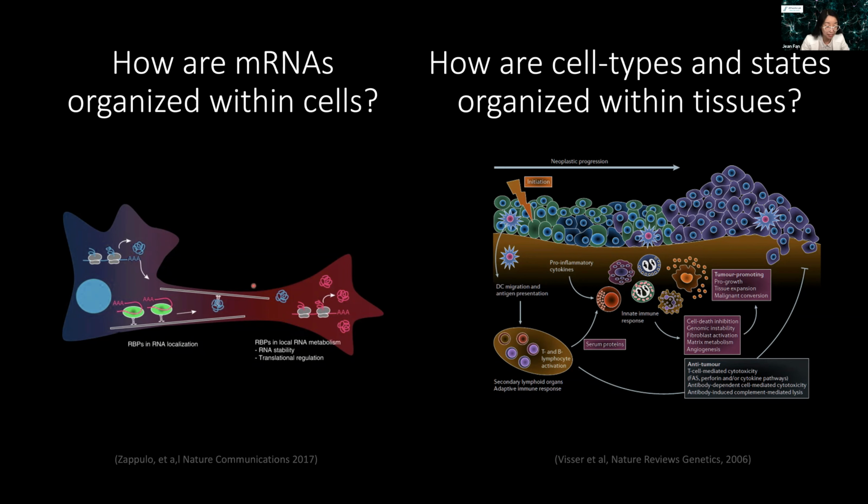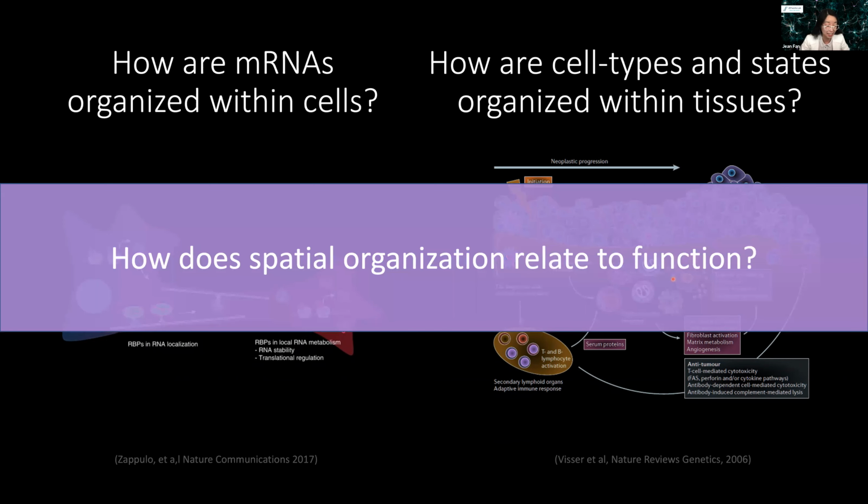Likewise, in the context of tumors, where we have many transcriptionally distinct neoplastic subpopulations that might be interacting with non-neoplastic cells in the tumor microenvironment, we're interested in understanding how cell types and cell states are organized within the tissue. And then ultimately, how does this spatial organization relate to downstream functional consequences?